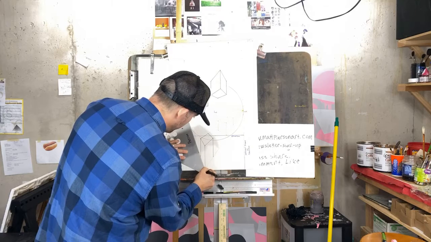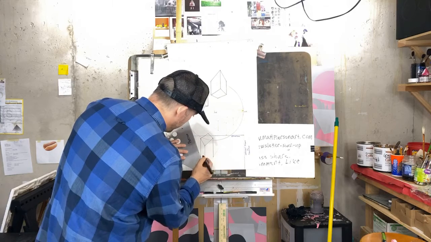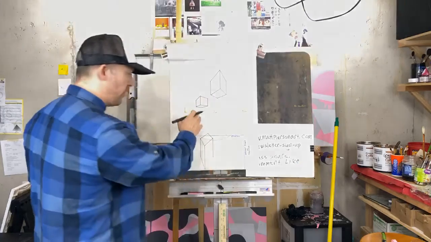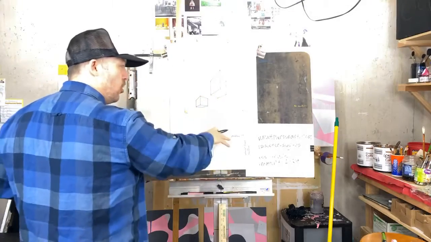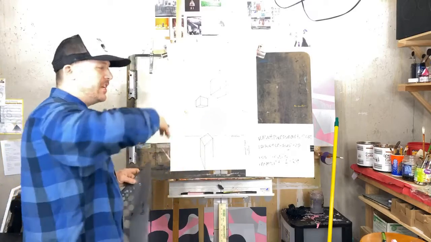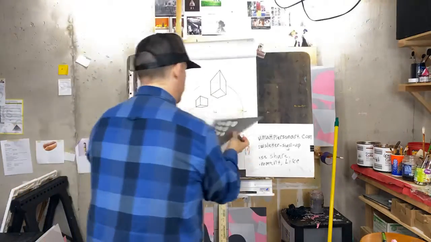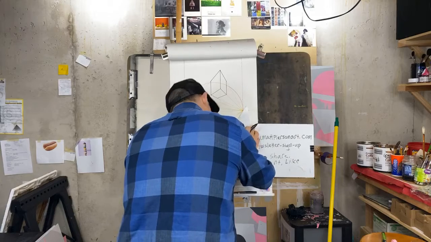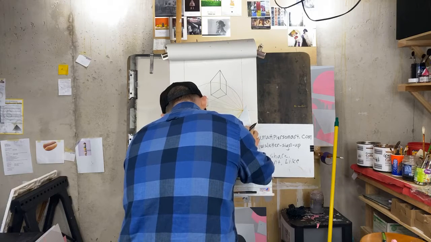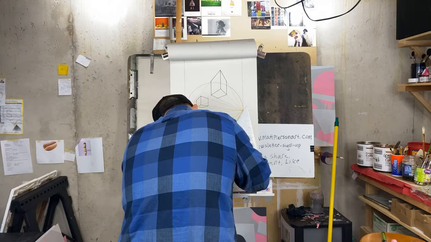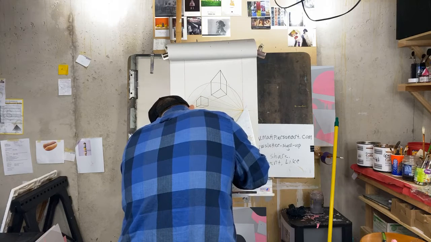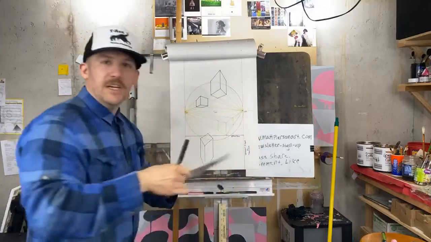So as you can see, as I'm working this shape and forming it, it's drastically below the ground line, drastically below the cone of vision, and therefore you get a very extreme form being made. Which is fine if that's what you're going for.